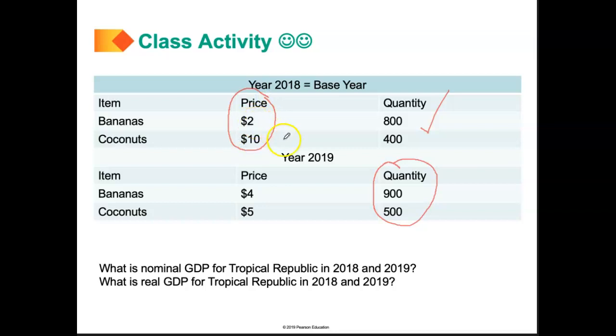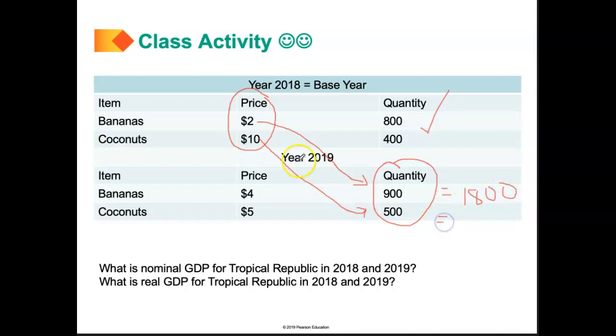So it's going to be quantities of bananas times prices of bananas in 2018, and quantities of coconuts times price of coconuts in 2018. We have quantities of bananas in 2019 times price of bananas in 2018, and that is 1,800.